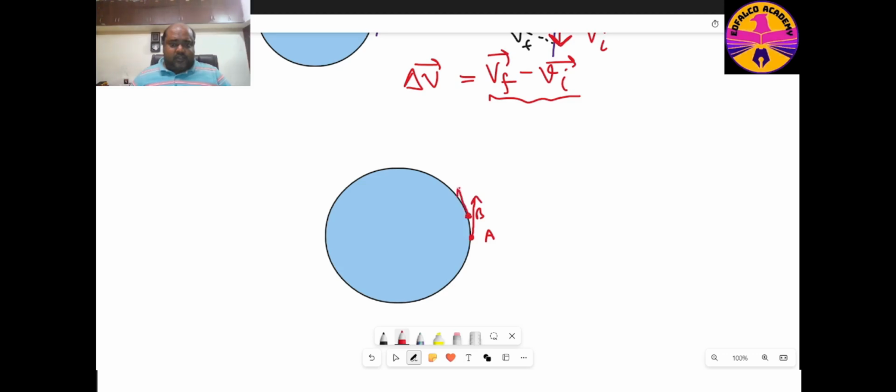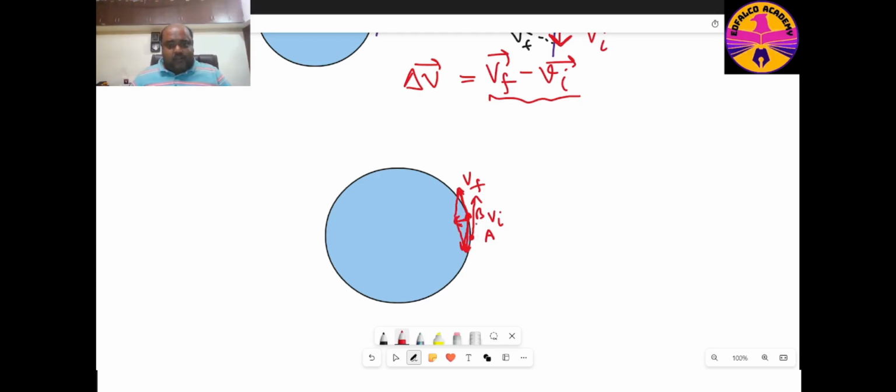This one is in this direction, right? And as I said, if you have to find delta V, that is nothing but VF minus VI. This is your VI, this is your VF, right? So the magnitudes are same. So you can draw here minus VI, which is just opposite of VI, and then if you try to draw the resultant, it will become very close to like this.